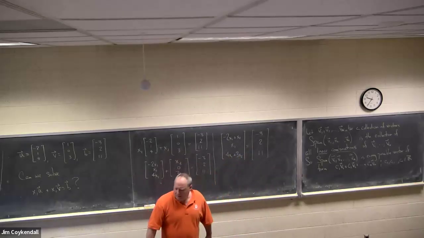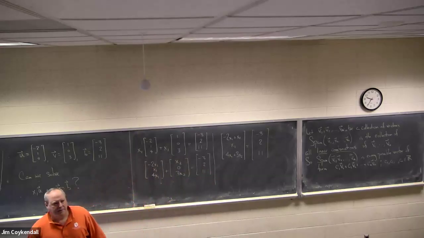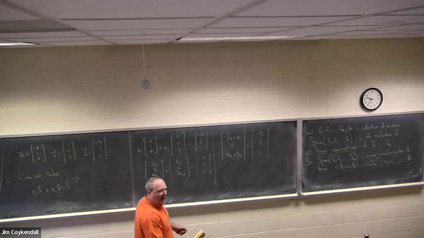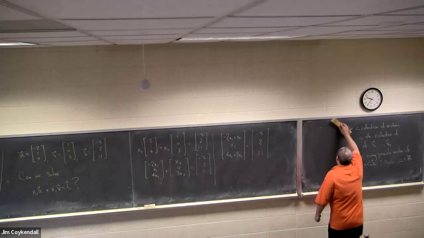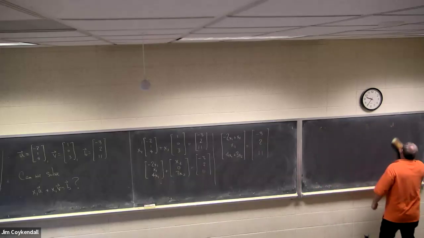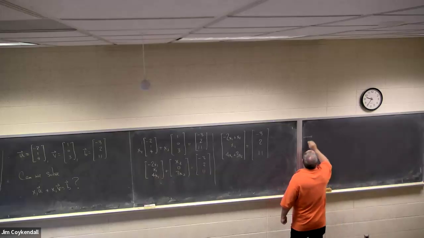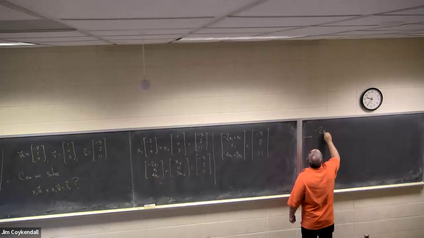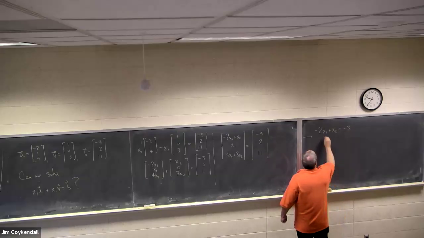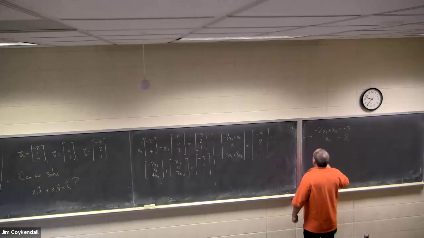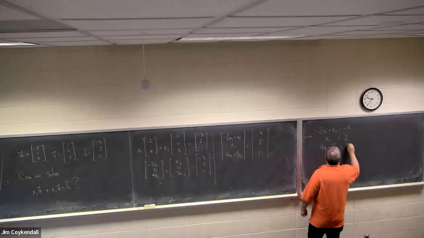Now, what does it mean for two vectors, left and right, to be the same? It means that all their components have to match. What I get out of this is a system of linear equations, and that's one of the big connections. Basically, the equations are -2x1 plus x2 is -3, x1 is equal to 2, and 4x1 plus 3x2 is equal to 11.